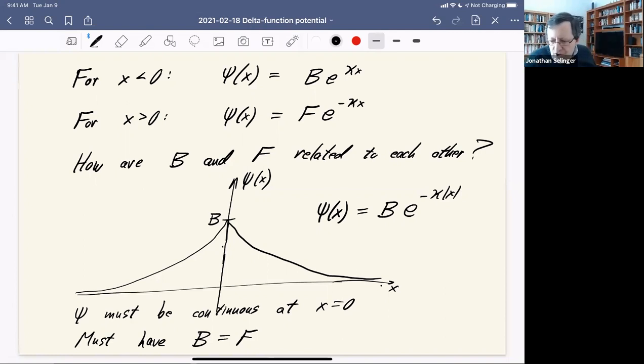Right? And so you can see that this thing, if x is positive, it turns into this, right, with b equals f. If x is negative, it turns into that. Okay, so we're making pretty good progress.